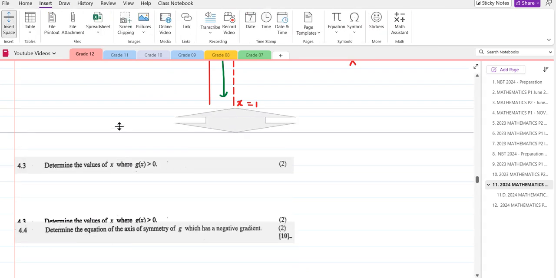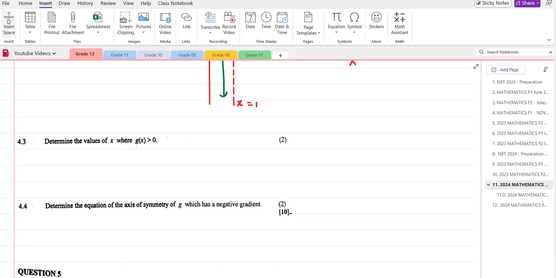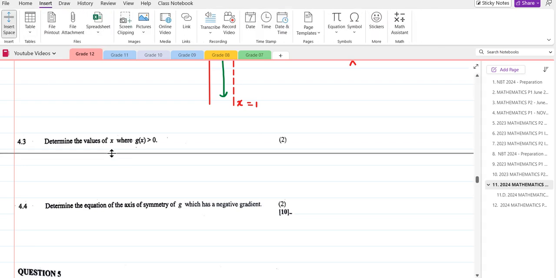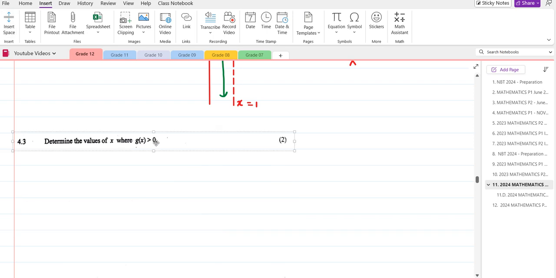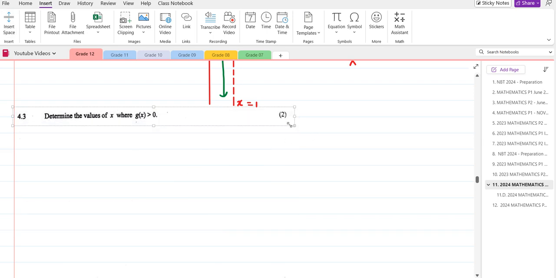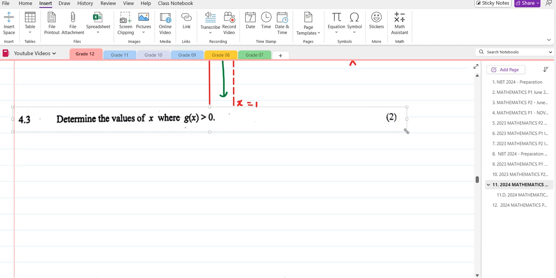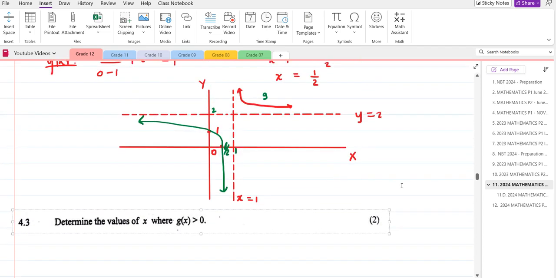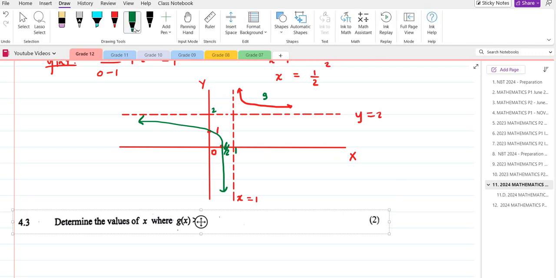which is determine the values of x where g of x is positive. Where is g of x positive? Now when you're finding where g of x is positive, make sure to take into account the asymptotes as well. Right, so when is g of x greater than 0? When is the y value greater than 0 on the g graph? G of x is positive here. Look at where it is positive.